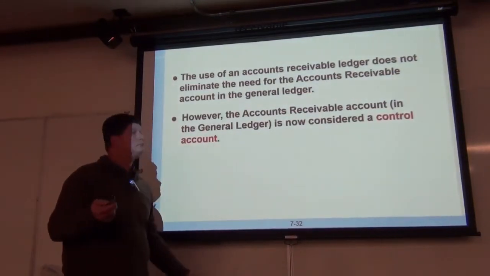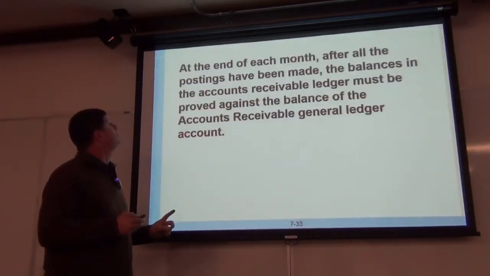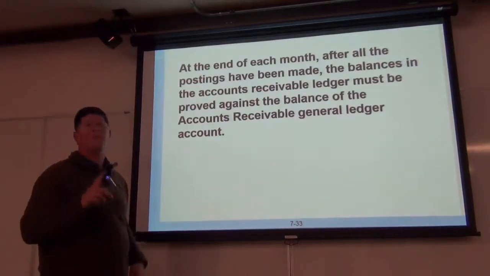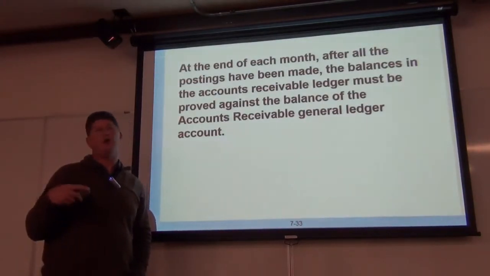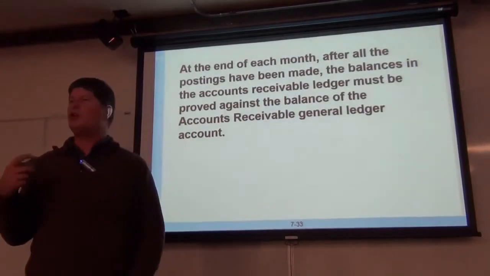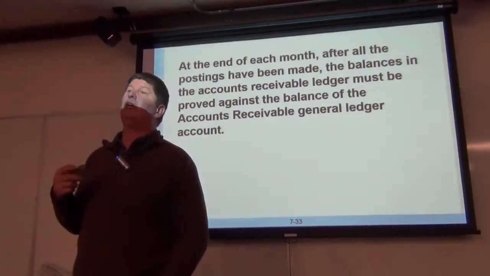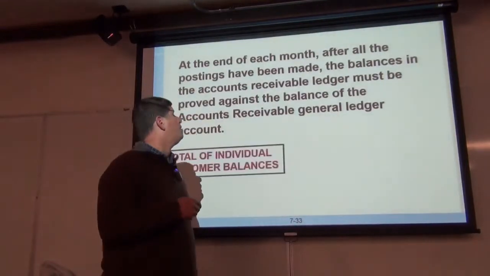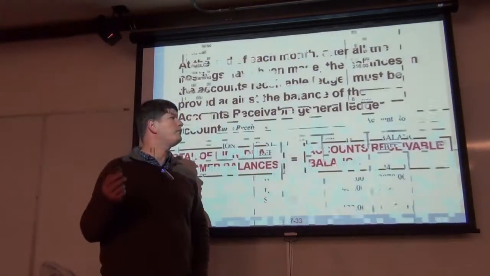Good? New language. You know how we do a trial balance to prove that our general ledger's in balance? We're going to do something at the end of every month called a schedule of accounts receivable.